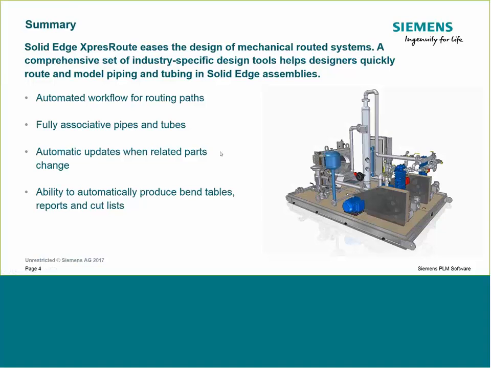So if my parts change position or get moved, my pipes automatically update to that. And then also the ability to create bend tables for my tubes, generate reports, and get cut list information from a manufacturing perspective. Thanks again for your time and attention today. I'm going to turn it back over to Dave, and we'll wrap up the presentation.